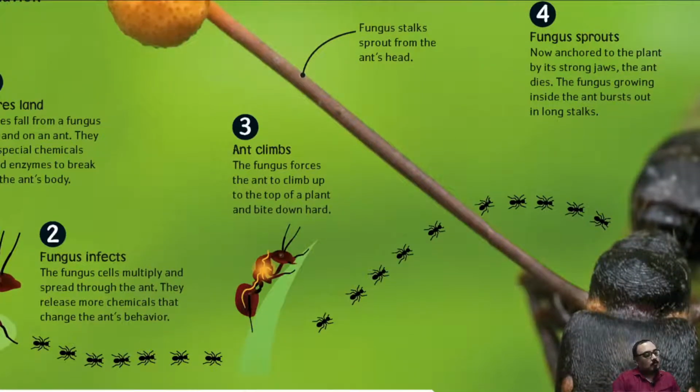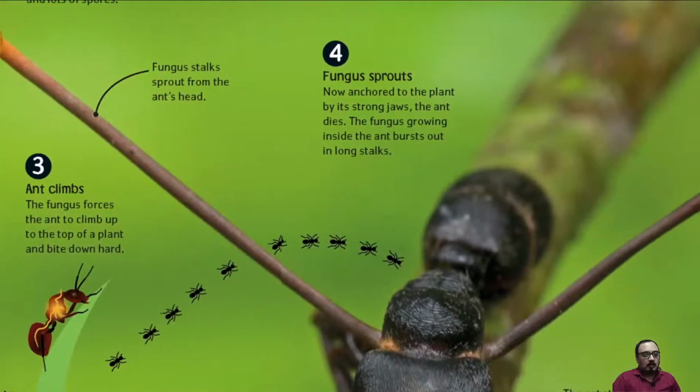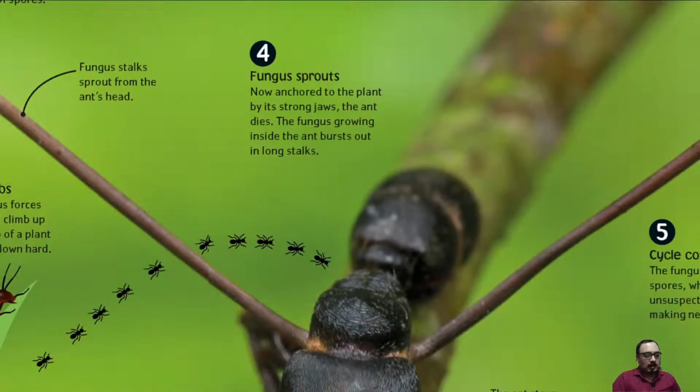Now what happens? The ant climbs up a tree, a branch, whatever is there, to the top of a plant, and bites down hard. The fungus now attaches to the plant by the ant's strong jaws, and the ant dies.